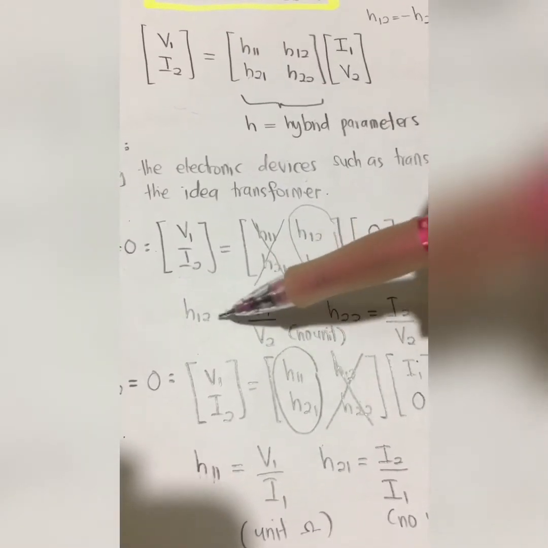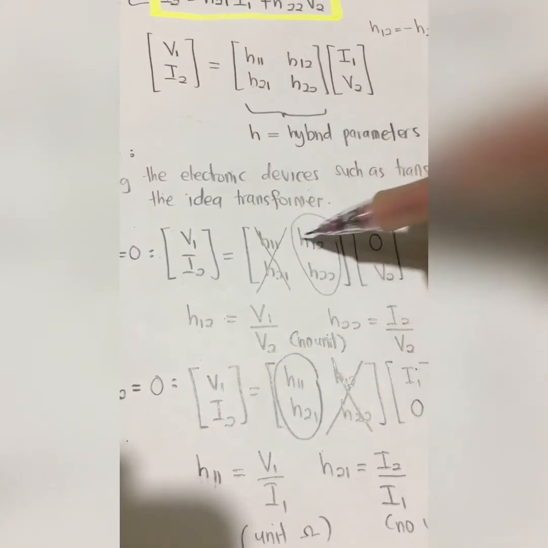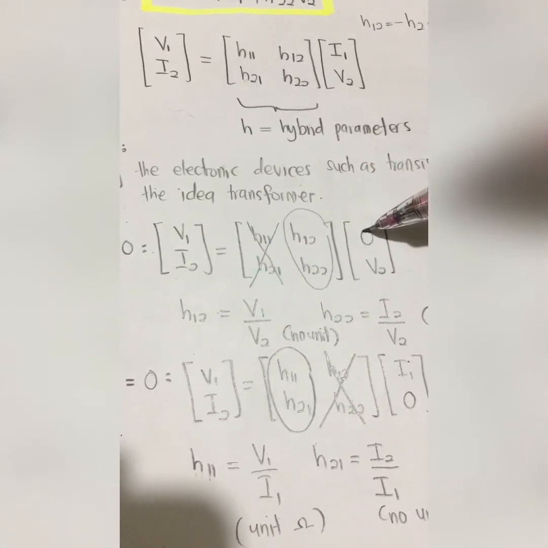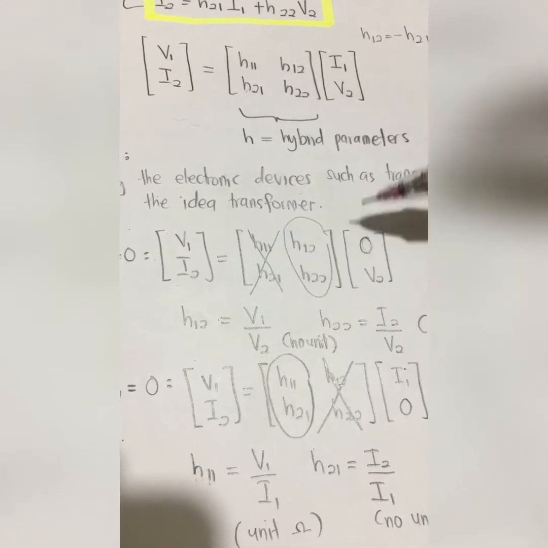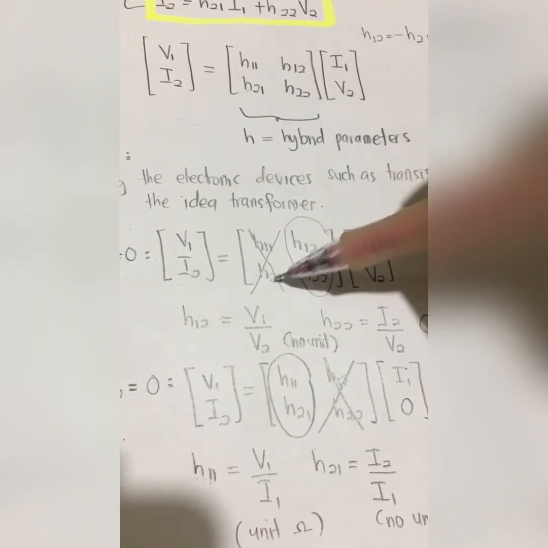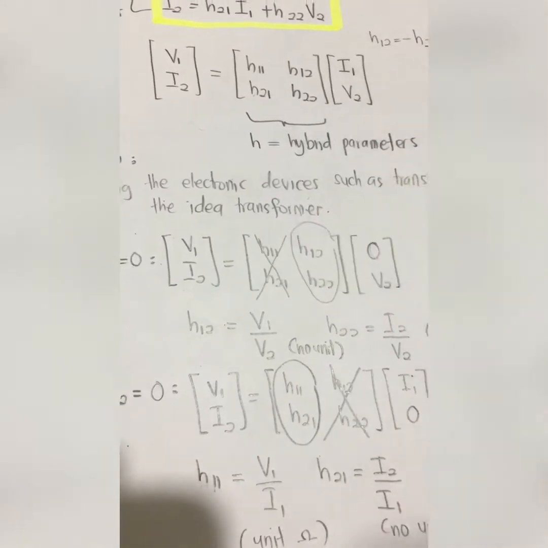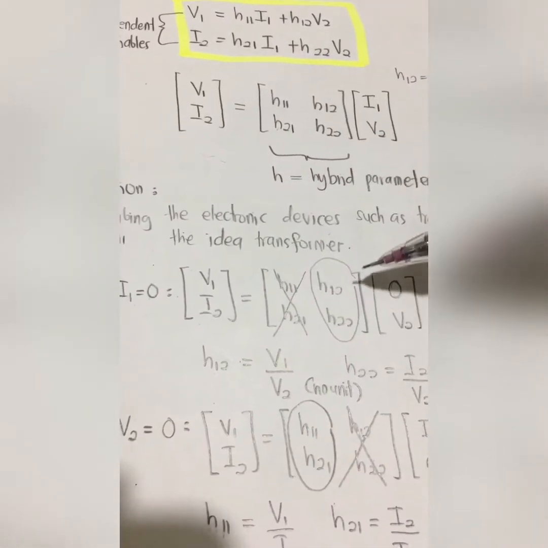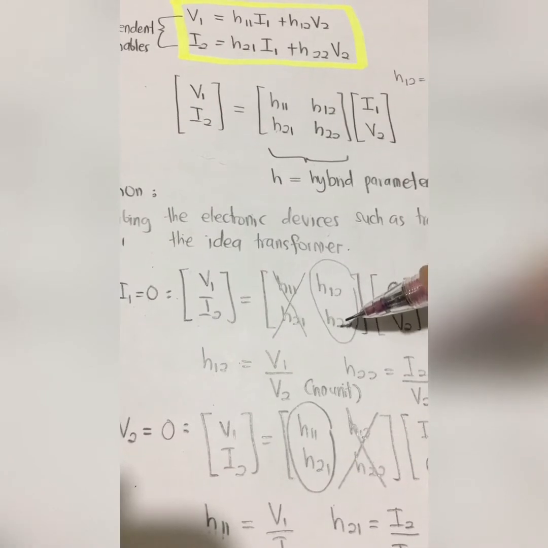When we set I1 to 0, the H11 and H21 terms will be 0, and therefore we can calculate H12 and H22.